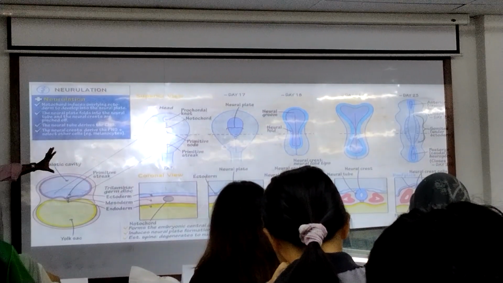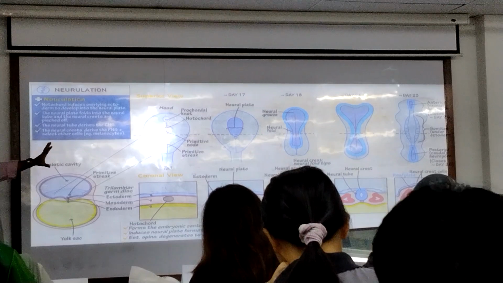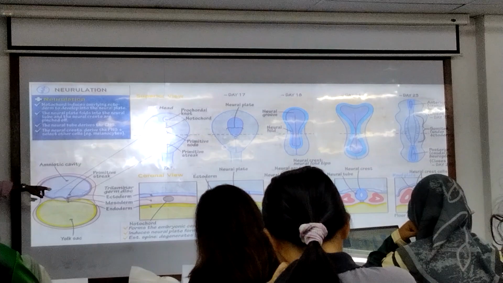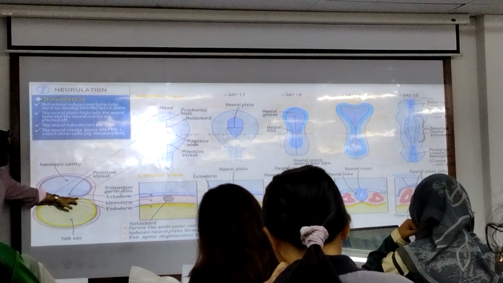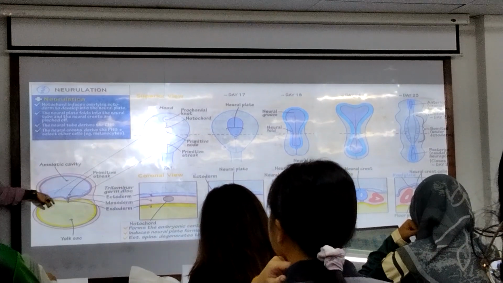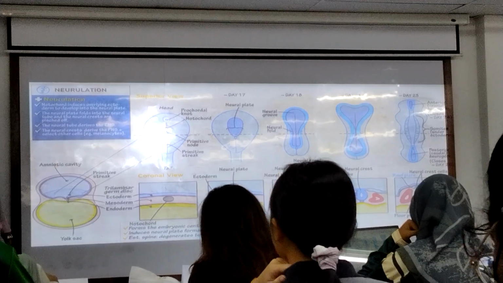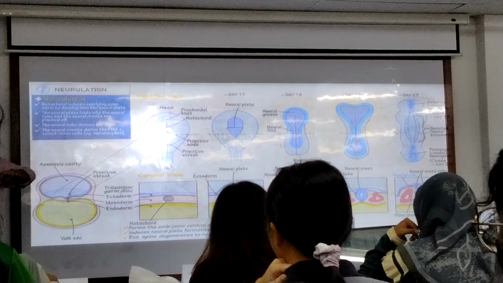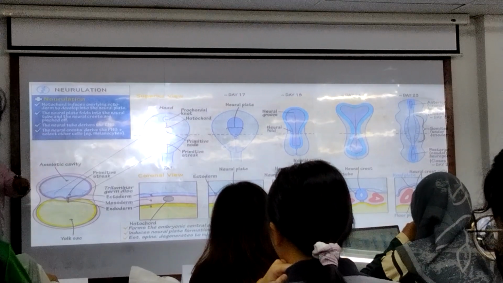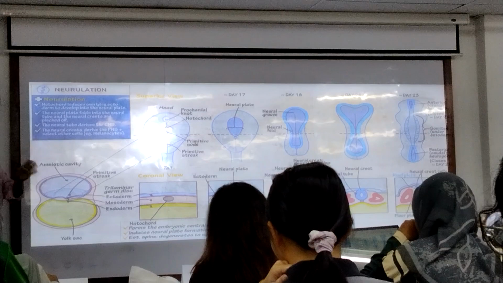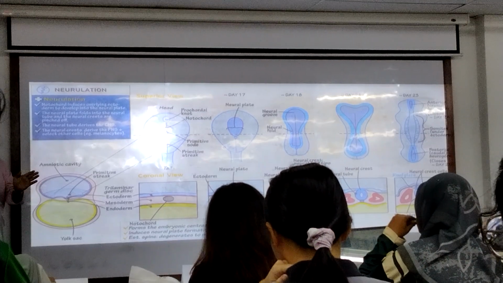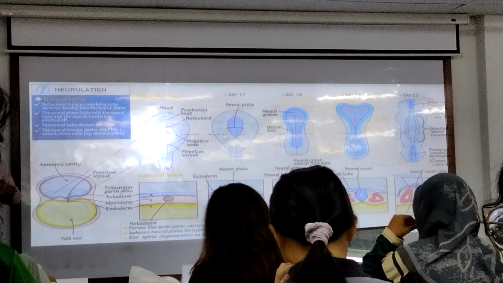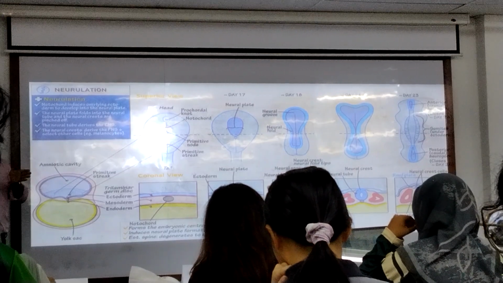In the summary, you can see that what we're going to focus on now is within this week. If you remember, in one of our lectures last week, I talked about the formation of the gastrula, and I mentioned the Hensen's node, where you start to have the primitive streak.